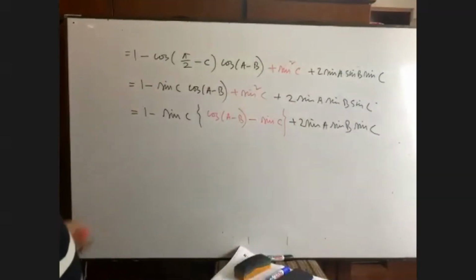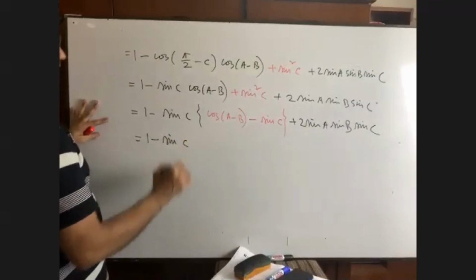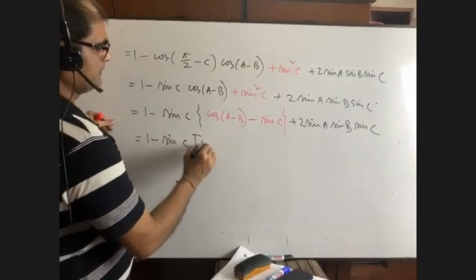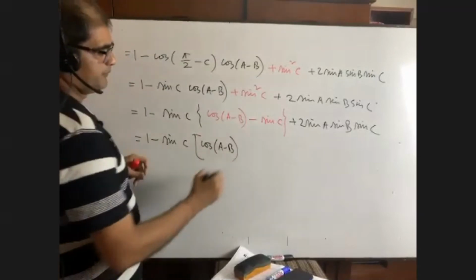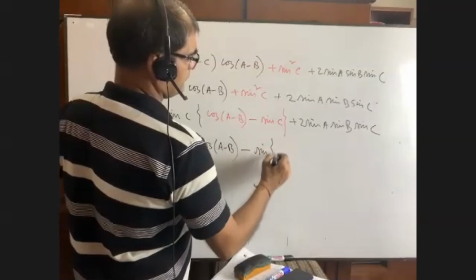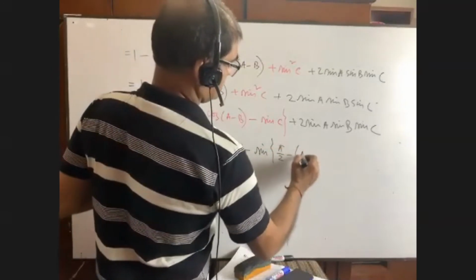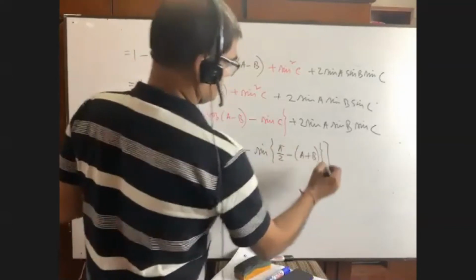Now we see 1 minus sin C. In the third bracket, cosine of A minus B minus sine of pi by 2 minus (A plus B): first bracket, second bracket, third bracket, everything is done.